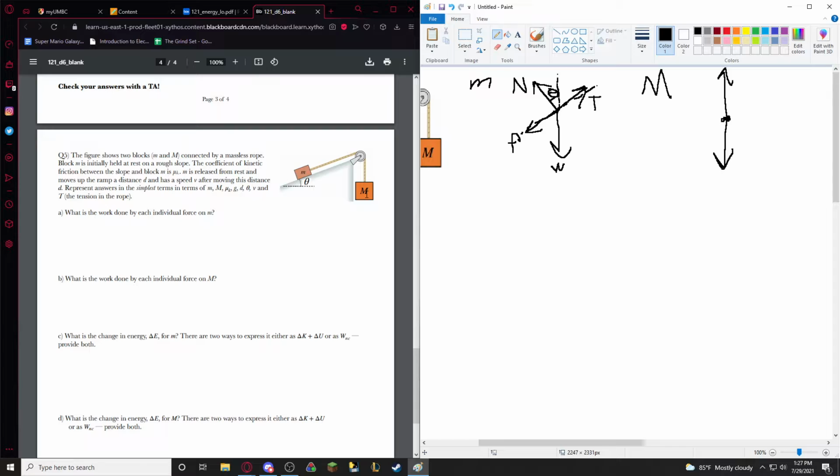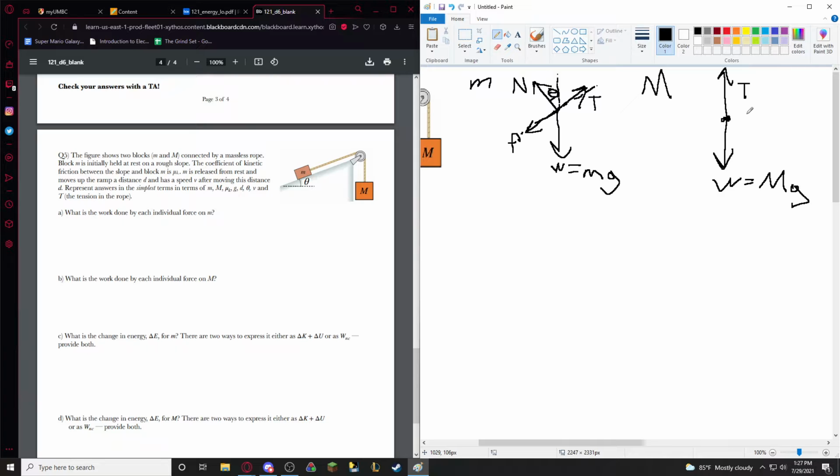Is there a normal force acting on M? I guess it's not technically touching anything. Yeah, it's not touching anything, so I would think it's just the tension and the weight. Oh, that was a mistake I made. Yeah, but that's pretty much it.